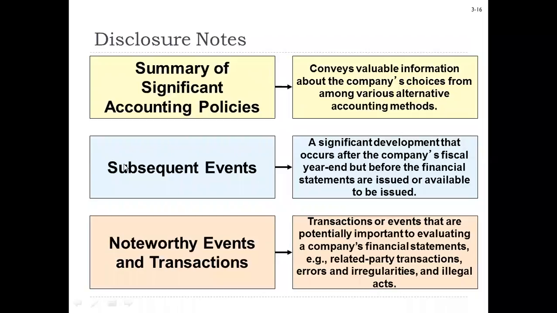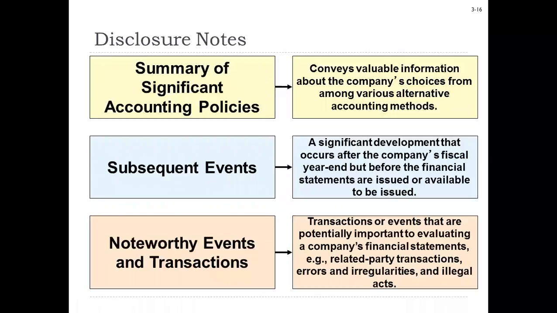Another important footnote or disclosure is the subsequent events. Subsequent events are things that happen after the end of the year that the financial statements present, but before the financial statements are actually issued to the public. So there's a gap there between the end of the year and when the financial statements for that year are actually finished, because it takes time to prepare those.